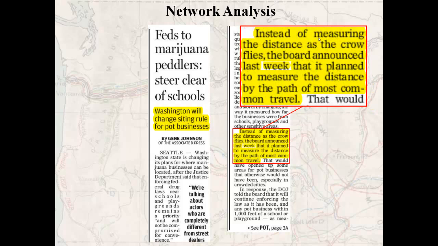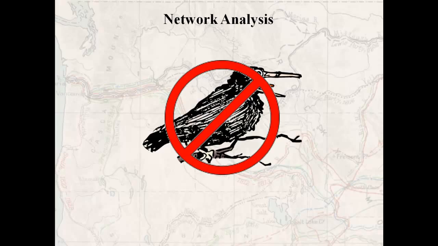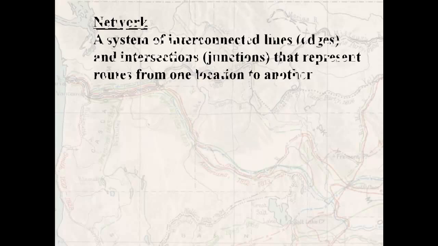Maybe what mattered was the path of most common travel. So if it was X number of feet of walking or of driving, that would be 1,000 feet in this case. That might be different than if you just drew a buffer around each school and each playground and said that's the exclusion area. So you can see that network analysis has applications. In the next video I'll go through some of the applications that you can use in ArcGIS. Bottom line is, sometimes as the crow flies is not really a realistic way of modeling the world.